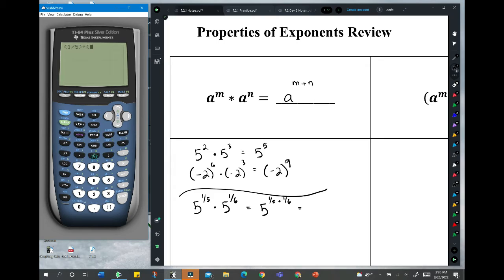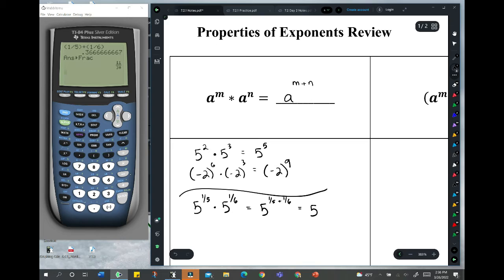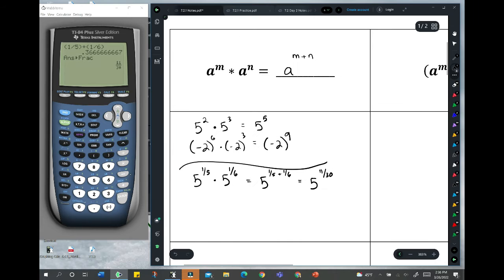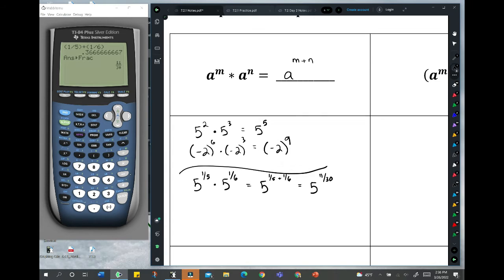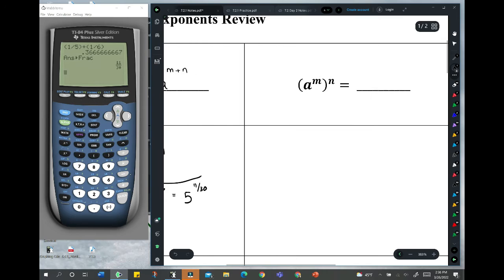So 1/5 plus 1/6, and that is how you can enter fractions into your calculator. It's going to be 0.36. Make sure you make that another fraction, and we would have 5 to the 11/30ths. Okay, that's really the main idea. Fractions, just add them together.